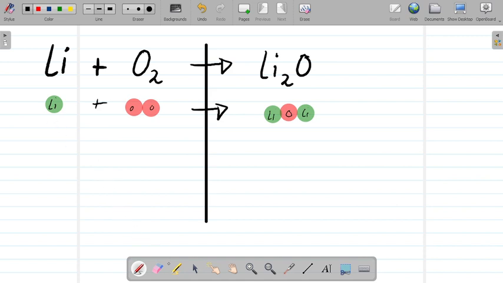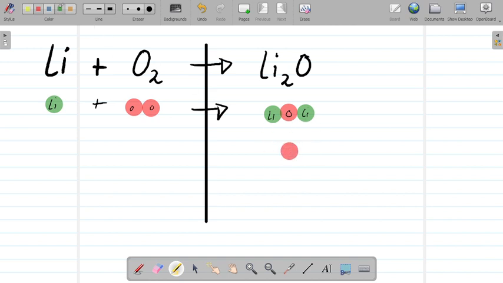Now, I start with oxygens. The rule is start with oxygens and hydrogens. It makes your life way easier. On my reactant side, how many oxygens do I have? I have 2 oxygens. On my product side, I have 1. So I'm going to need to add another oxygen where it is needed, that is on my product side.